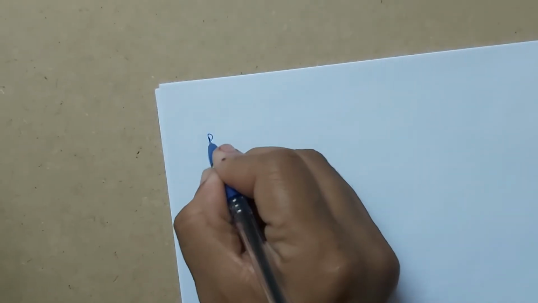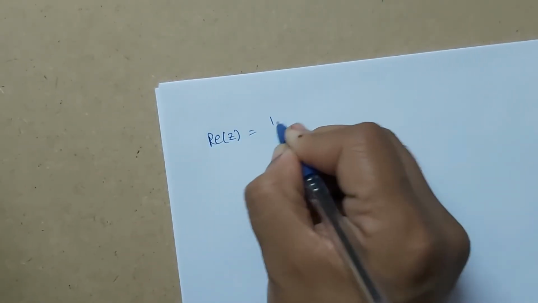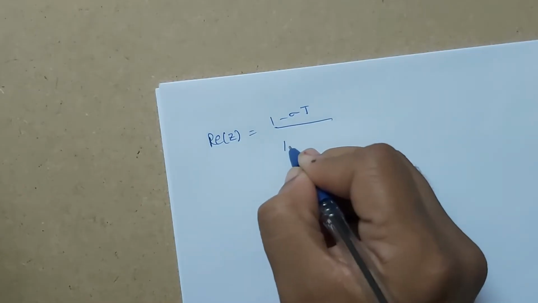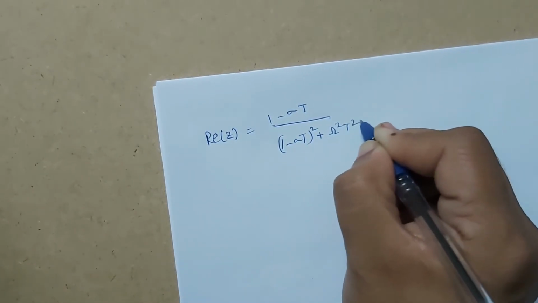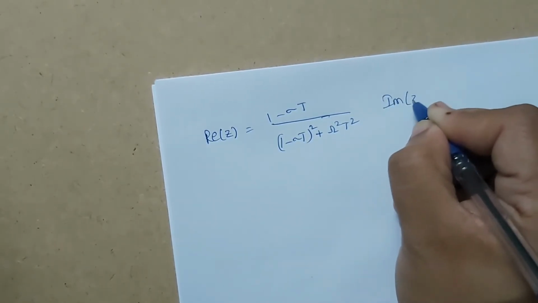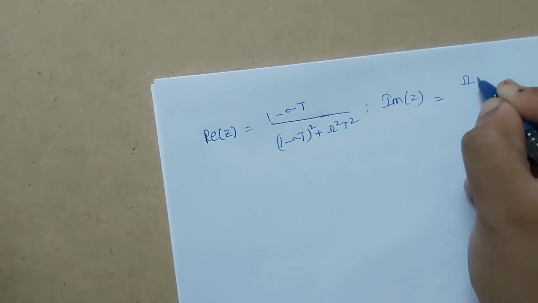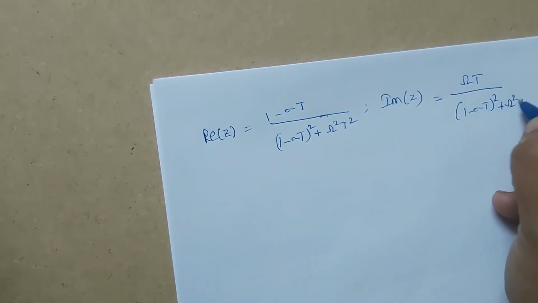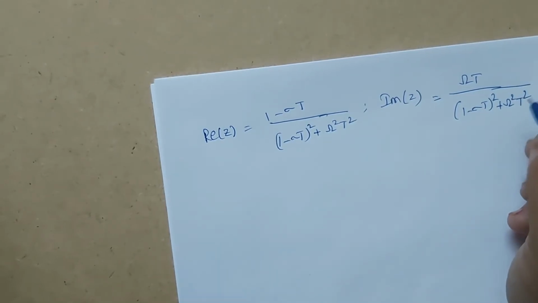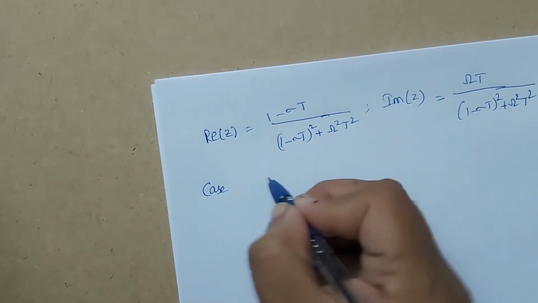So just compare on both sides. Real part of z is equal to (1 minus sigma T) by (1 minus sigma T) whole square plus omega square T square, and imaginary part of z is equal to omega T by (1 minus sigma T) square plus omega square T square.